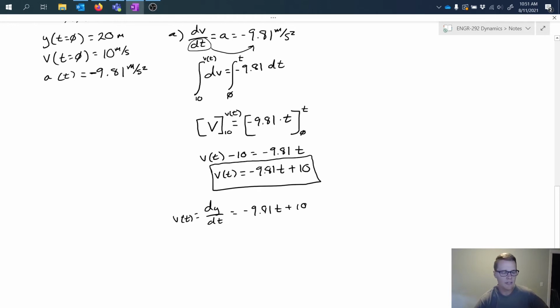Now I can do the exact same thing, separate my variables by moving dt over, and I get dy equals negative 9.81 t plus 10 times dt.